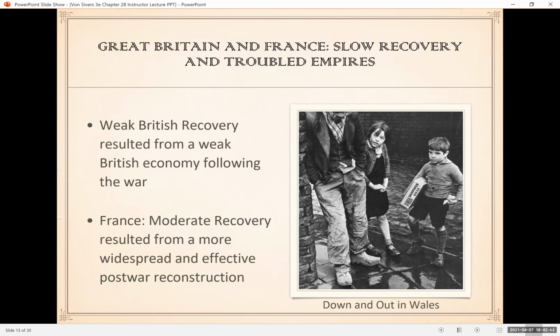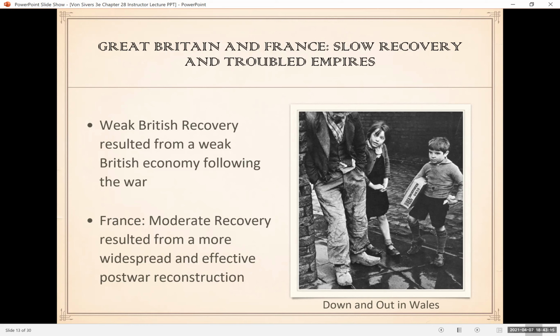But the conservative governments that are in France and Great Britain are going to be quite adamant about not putting money towards the recovery. In fact, they're going to put in weird policies that will make it work, such as tariffs.